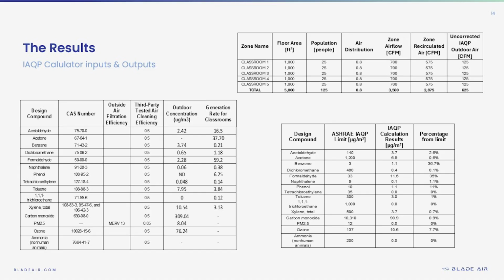On the bottom left, you see the outdoor concentration rates for each of the 15 standard pollutants, and that is EPA outdoor data for my location in New York, New Jersey. And then I have the generation rates for a classroom that's also provided by ASHRAE. And again, I can include any other pollutants that I want or remove any pollutants that I want.